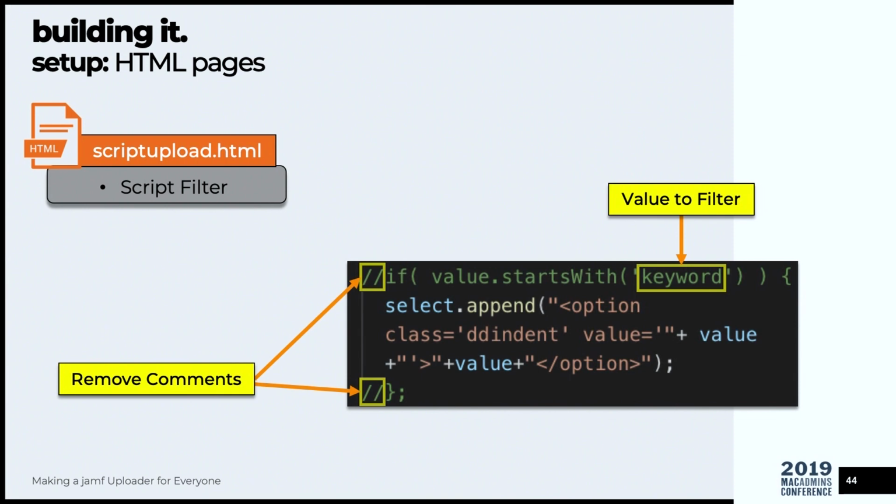And all you have to do to use it is remove the comments and add the value to filter where the keyword is. Say, in our example, we have admin prefixed to all the scripts we don't want anybody else to see. So I would put admin there, and it would filter them out.